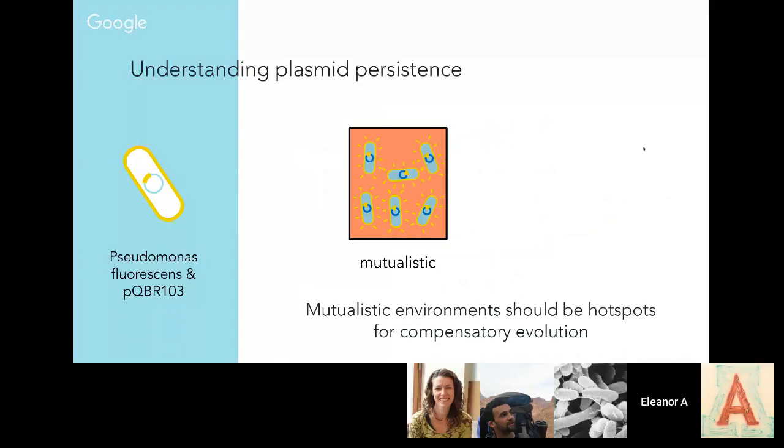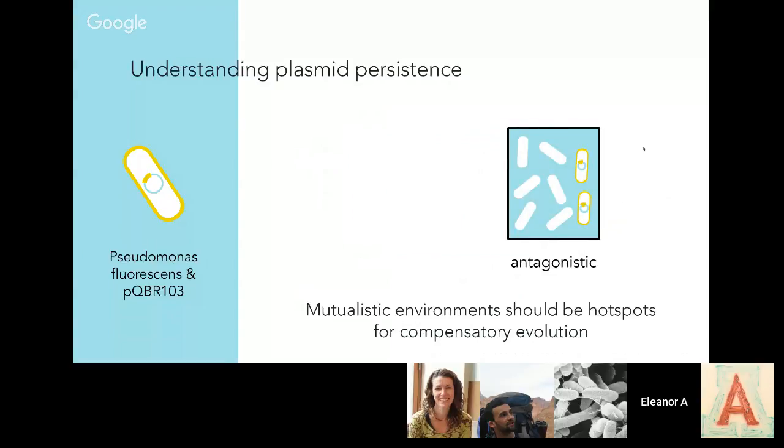In environments where the plasmid is costly or the relationship is antagonistic, plasmids may simply be outcompeted before these mutations arise. So in mutualistic environments, where there's benefit to carrying the plasmid, we expect to see this sort of resolved relationship evolving. In other words, we can describe these environments as hotspots for compensatory evolution.